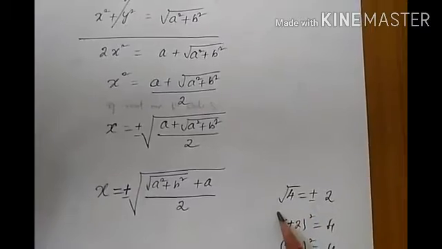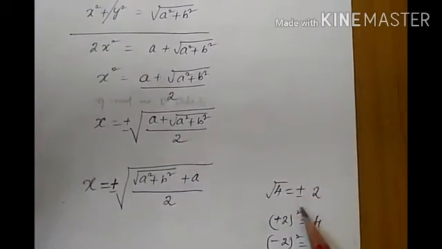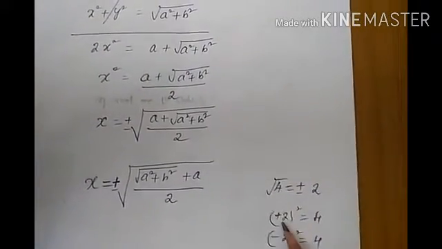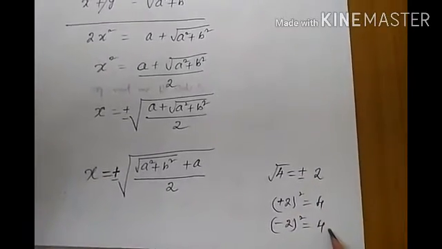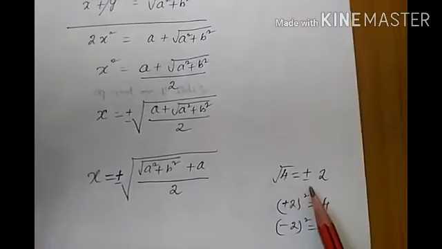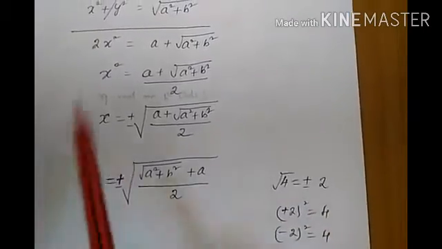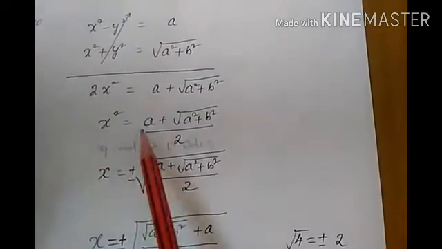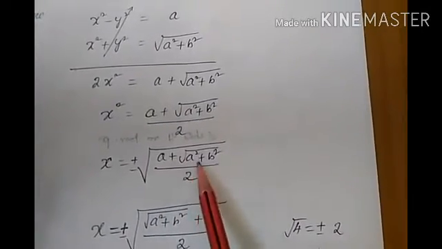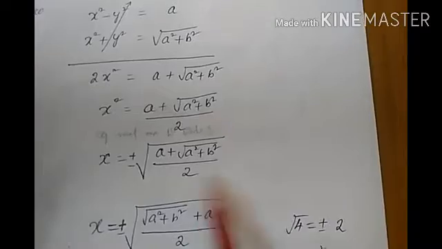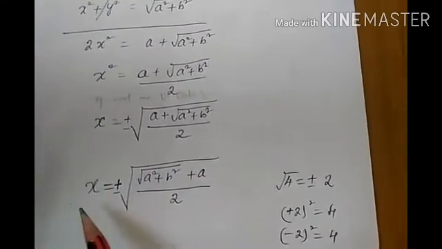If you take root 4, then what is the root? Plus or minus 2. That means plus 2 whole square gives 4 and minus 2 whole square also gives 4. So square root of 4 gives plus or minus 2. In the same manner, x is equal to plus or minus square root of a plus root a square plus b square by 2. Understood?